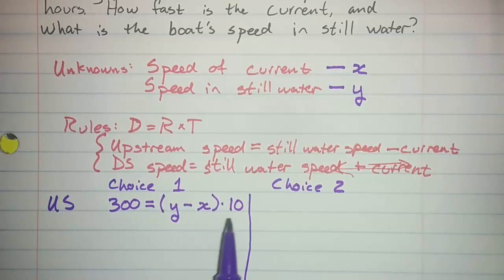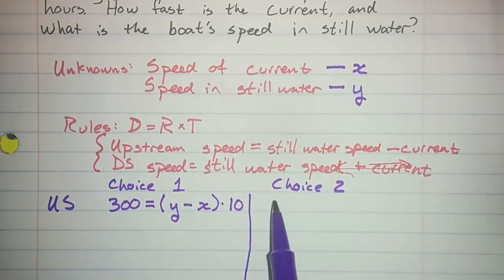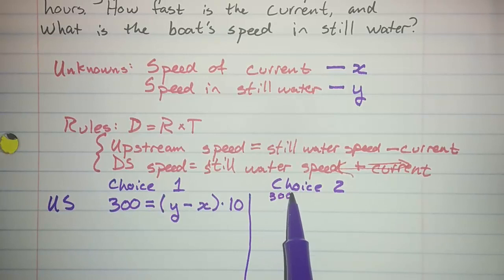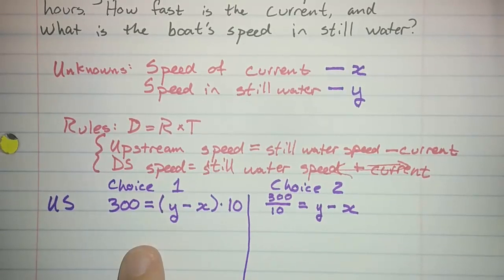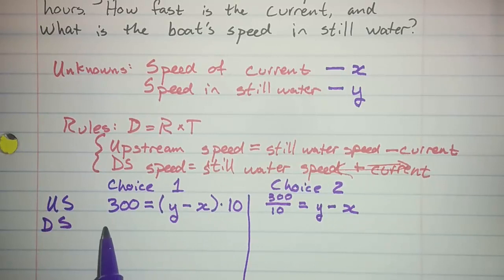Choice number 2 would be to just work with speeds. If I go 300 miles in 10 hours, my speed is 300 divided by 10. And that'll be my speed in still water minus the speed of the current. Either one of these would be correct. I like this one better because my variables don't have coefficients. We can do the same thing for the downstream trip.